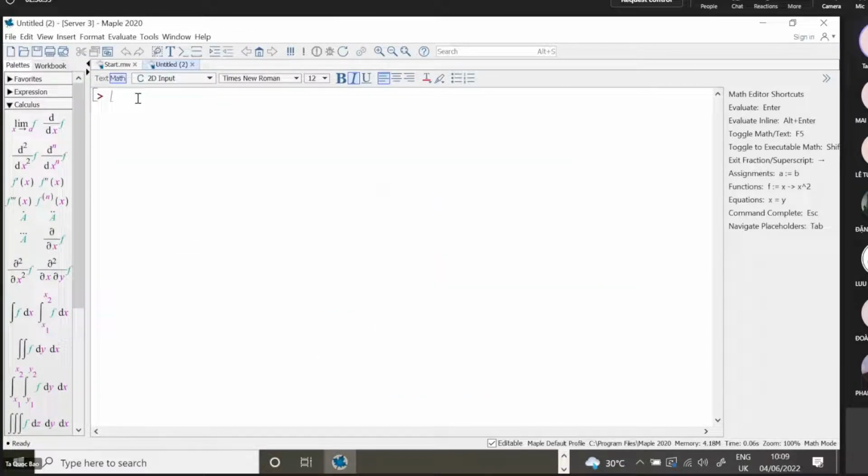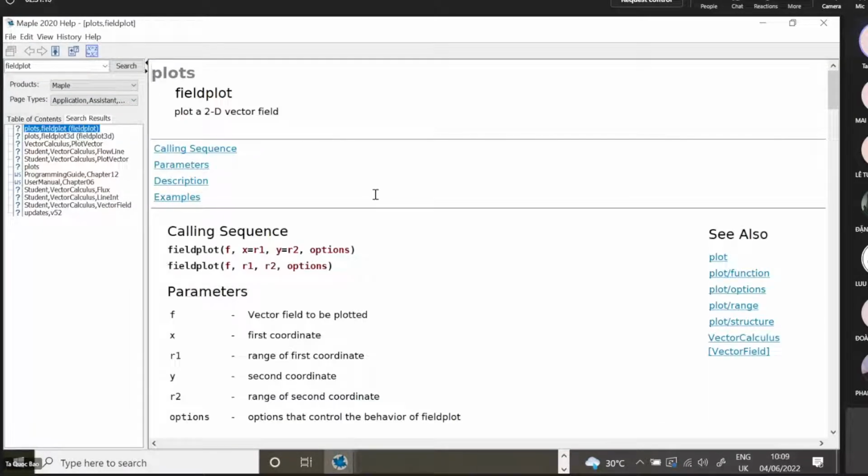Okay, so if you don't know how to use the command, then you can ask field plot. Okay, field plots, and then this gives you field plots. The syntax. Okay, syntax here. Right, I copy this one.